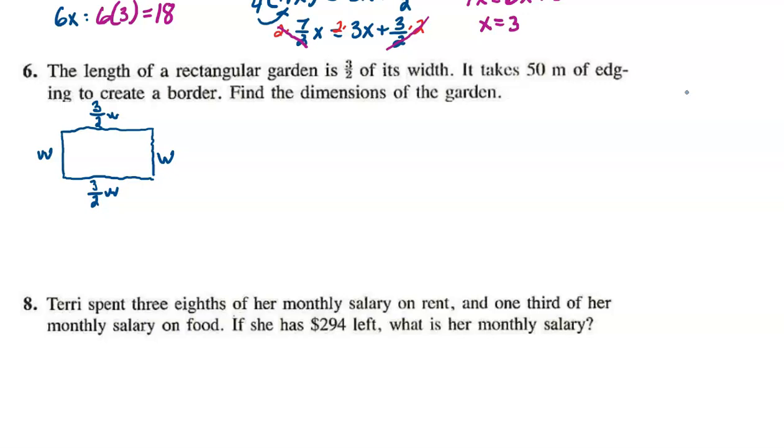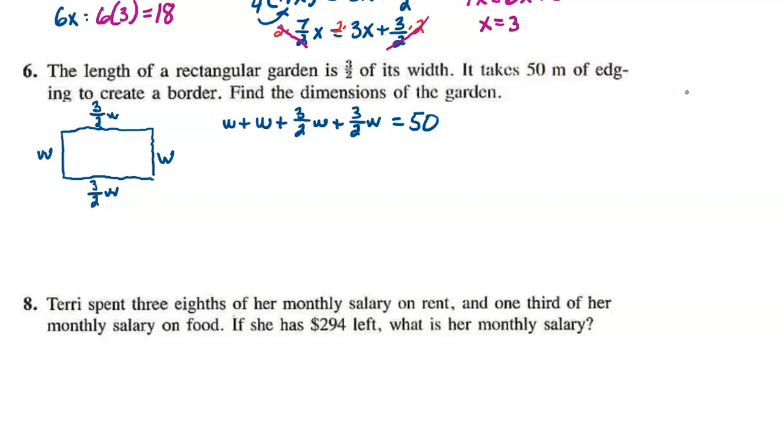In geometry, the measurement around the outside of a shape is called perimeter. Perimeter of a rectangle is found by adding together all 4 sides. So W plus W plus 3/2 W plus 3/2 W. That sum is the distance around the outside, and we're told that that is equal to 50.